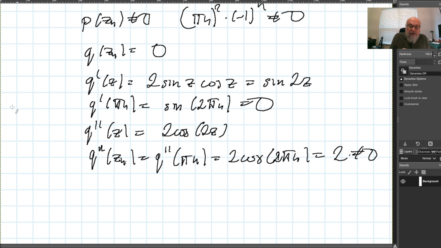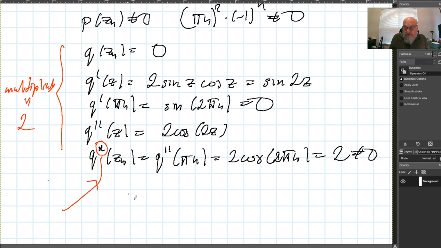So we have here the multiplicity. Please maybe change it to red one. So this multiplicity is equal to 2. You see, this is the second derivative, so the pole, so z0 is a pole of order 2.